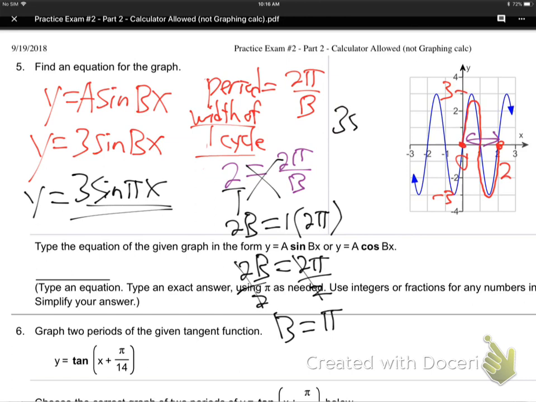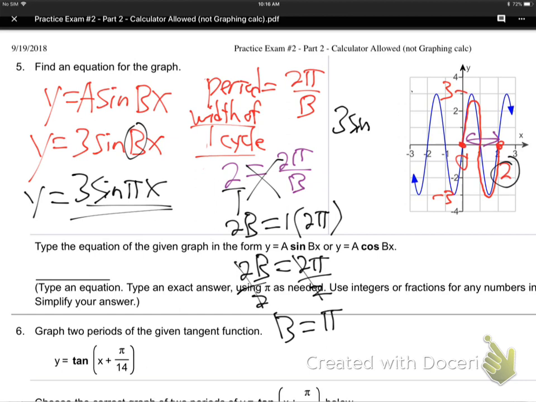So you're saying take 3 sine bx and put in the 2 there for b, right here where b is, and then do the period just like regular. So it would be 2 pi over 2, and then you'd still get pi as b.